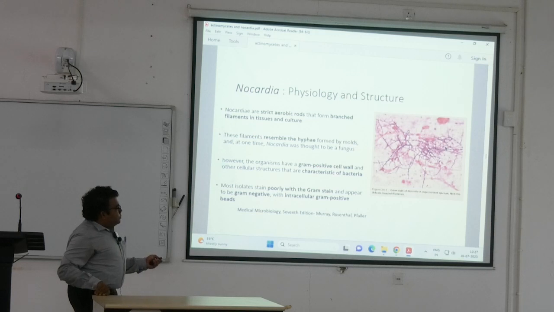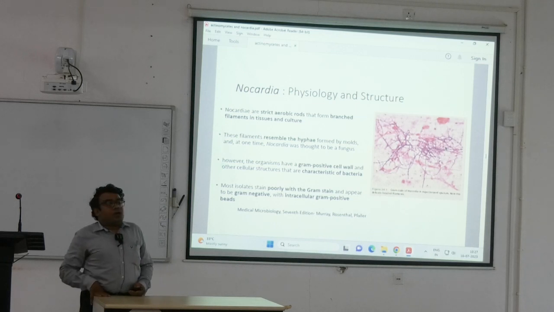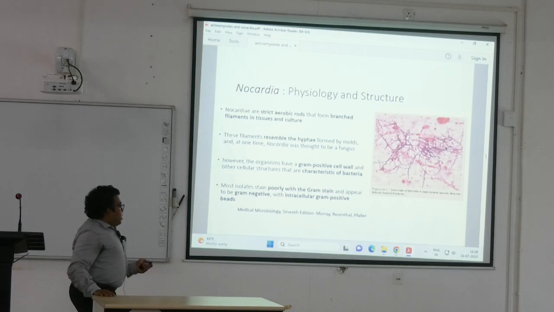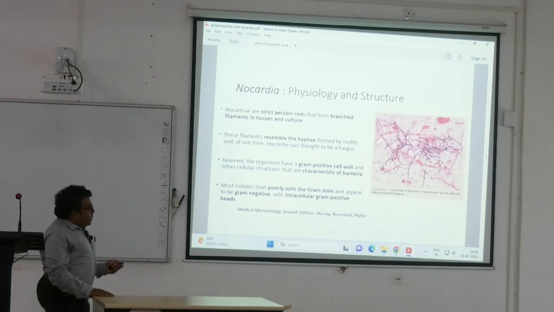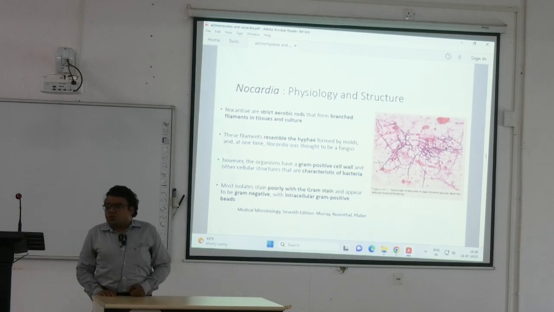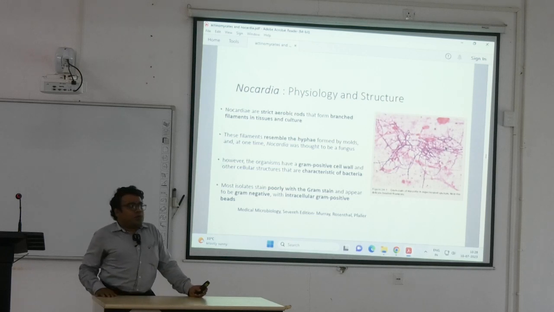They have a gram positive cell wall and a characteristic bacterial cell wall. Hence, antibacterials will be effective against this group of organisms. Now, in gram stain, they are generally gram positive, but the important thing you should remember is they do not take up the gram stain very well.